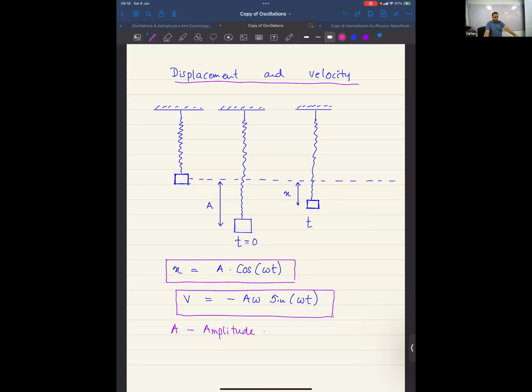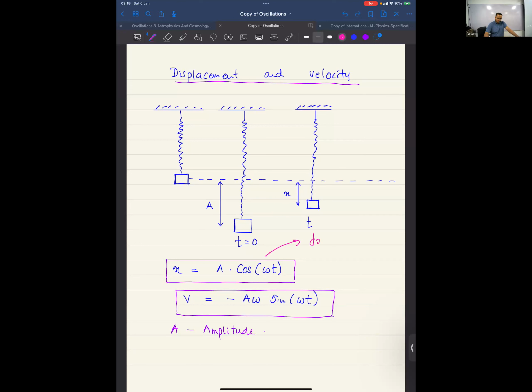And velocity will be given by minus A omega sine omega t. Who are the students doing maths here? What is the differentiation of cos? Minus sine. Yes. So if you differentiate displacement with respect to time, you are supposed to get the velocity.